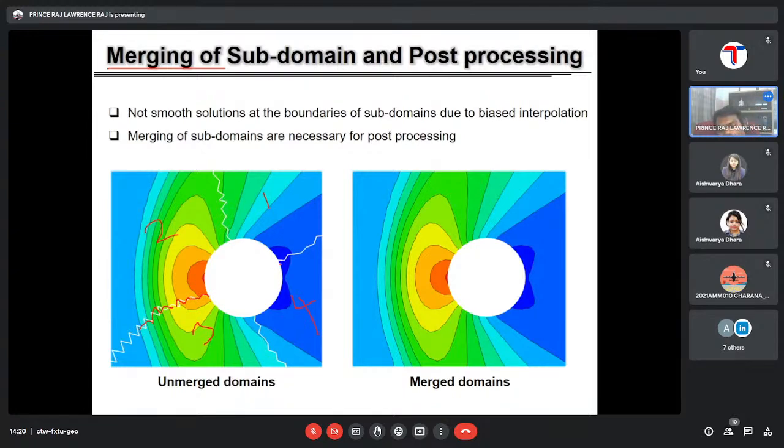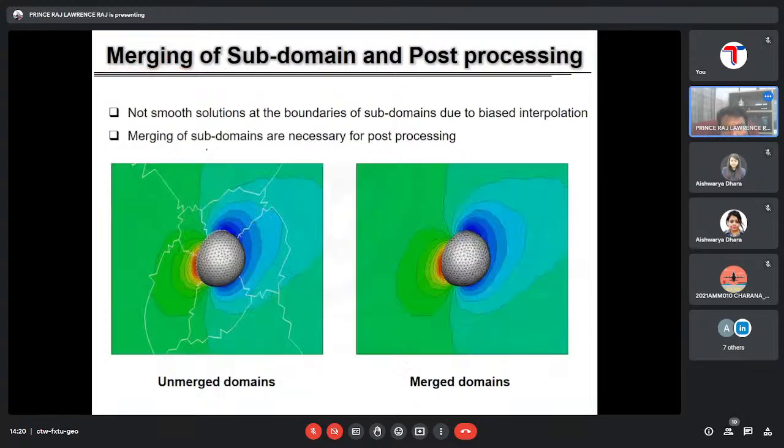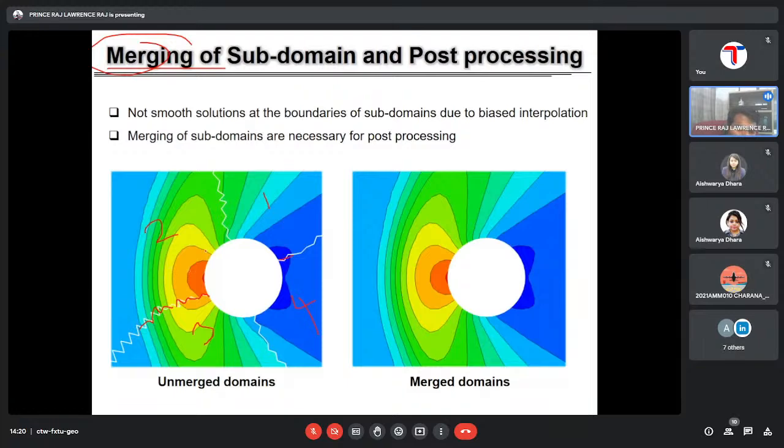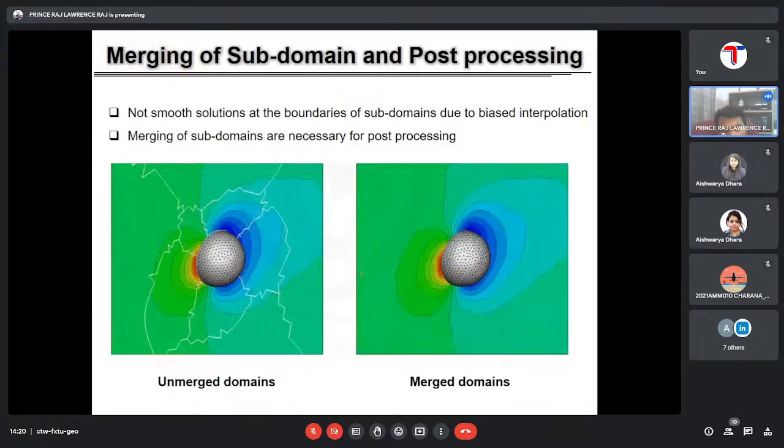We have to avoid this, which means we have to do some interpolation. That interpolation is nothing but your merging. So that's why merging is required. You can see in the 2D simulation over a cylinder, this is the scenario, and this is the sphere. Before merging, you can see some unbiased interpolations have happened. Now here it is good.